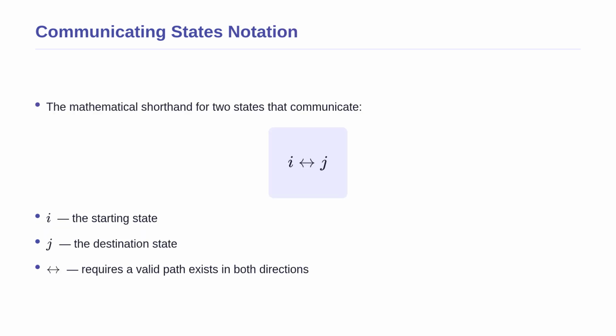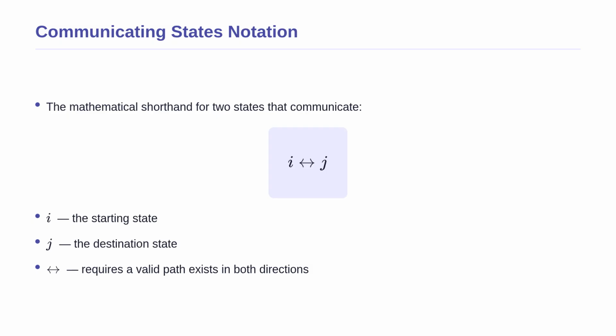To represent this two-way relationship mathematically, we use a very specific notation. The symbol i represents our starting state, and j represents our destination state. The double-headed arrow between them is the mathematical shorthand for communicating states. This single symbol is powerful because it packs two separate conditions into one.